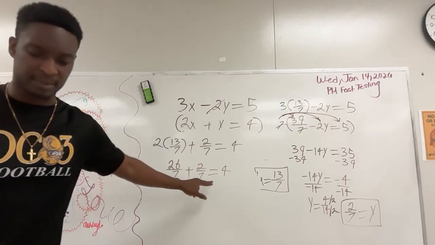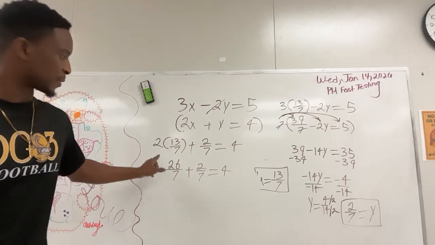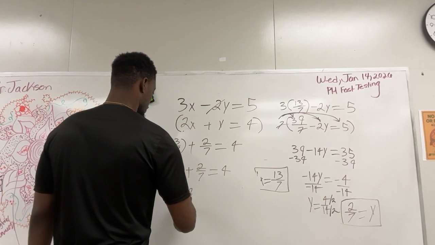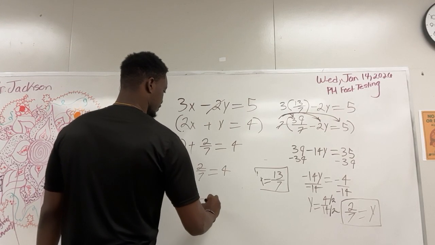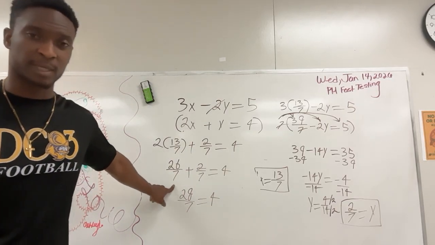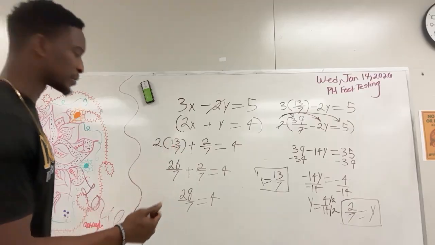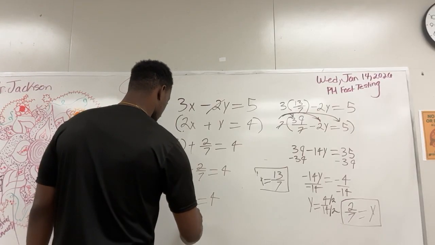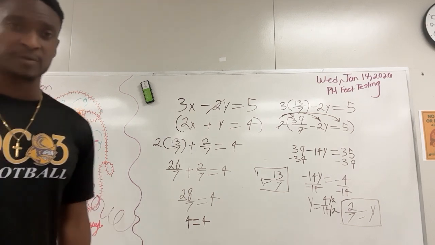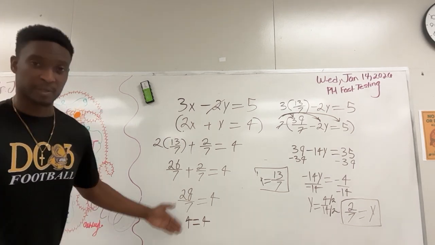They both share the same denominator, so I can add them together. 26 plus 2 is 28. 7 goes into 28 4 total times. Yes, indeed, this checks out. 4 equals 4. Let's make sure it works for our top equation.